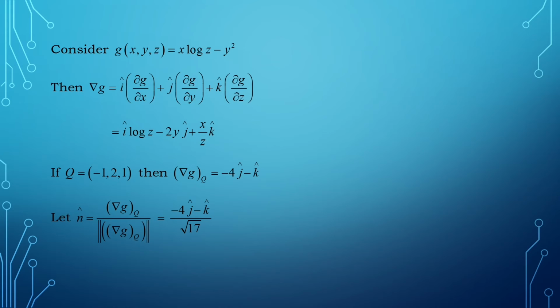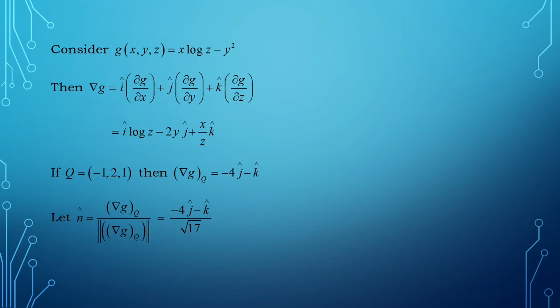We can suppose this vector as u cap. So we can take u cap equals del G at Q, that equals minus 4j cap minus k cap. According to our procedure, to find the directional derivative of phi in the direction of this vector u cap, we have to find out a unit vector n cap.